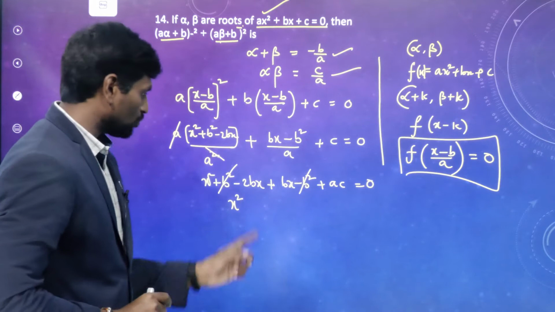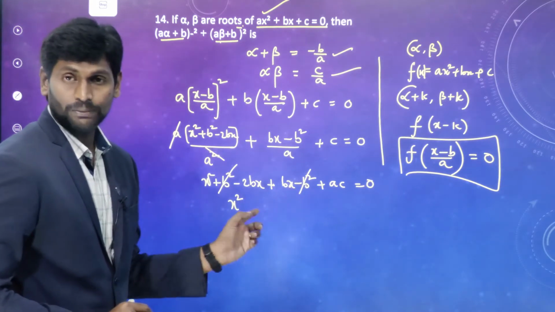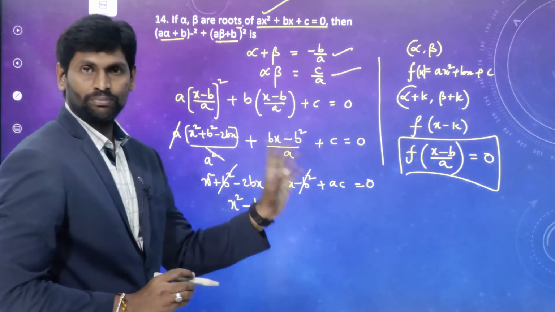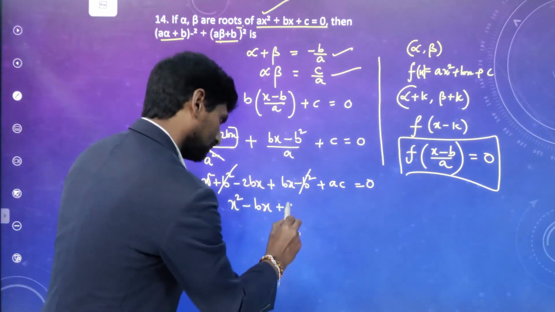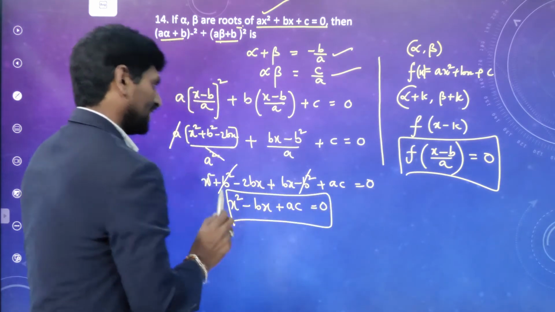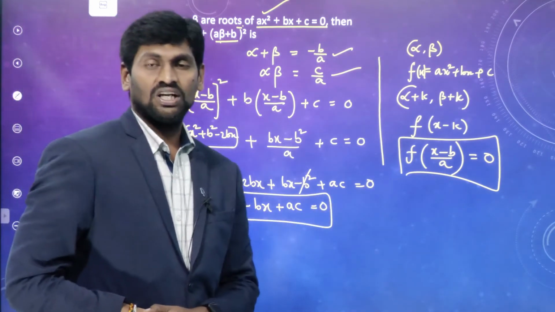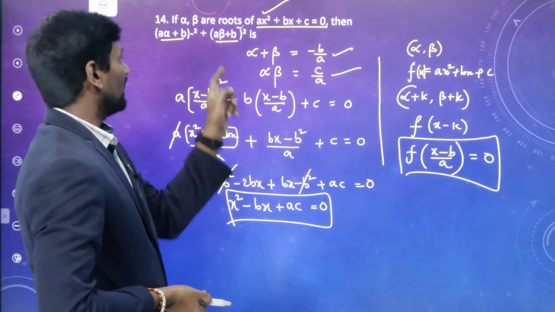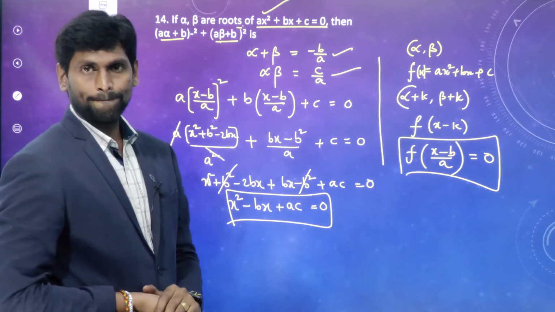Both are like terms, one negative, one positive, so subtract: from 2bx, 1bx we subtract, so minus bx. So x square minus bx plus ac equals 0 has the roots a alpha plus b and a beta plus b.